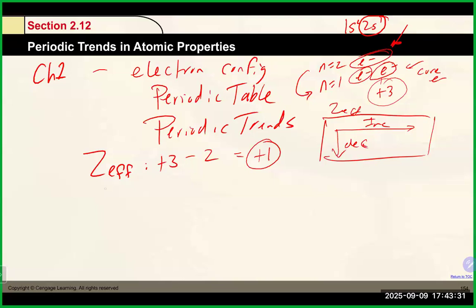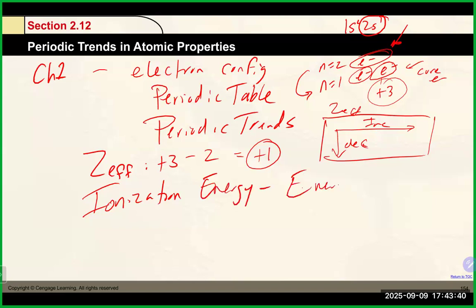We also talked about ionization energy, and ionization energy is the energy required to remove an electron in the gas phase. And there is a situation where electrons do come off, again, as we talked about when we talked about magnesium, I think, they do come off one at a time.